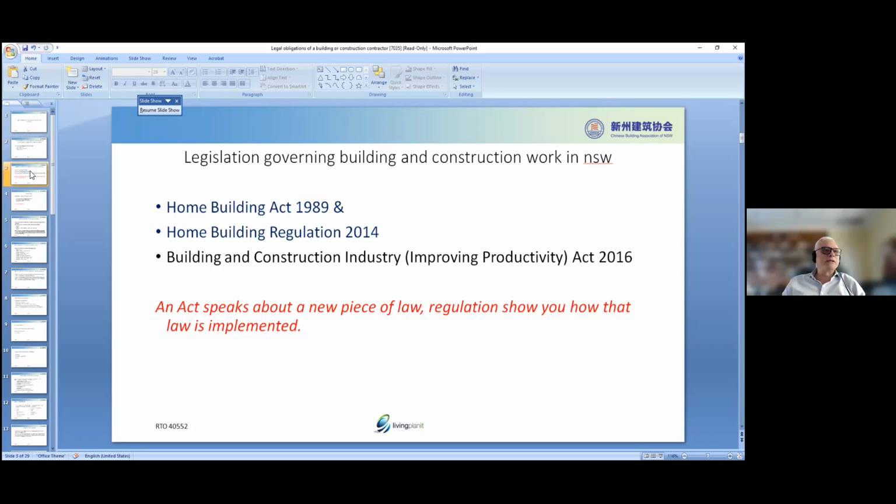They pass laws that we have to then follow. Now, the regulation shows you how that law is implemented, how to achieve that law, how we do what that law says.